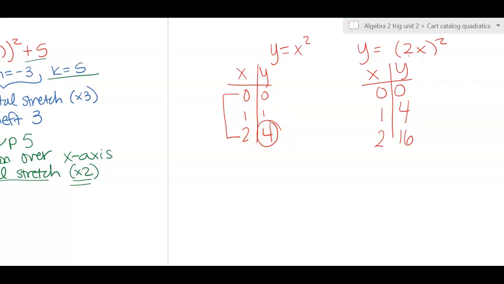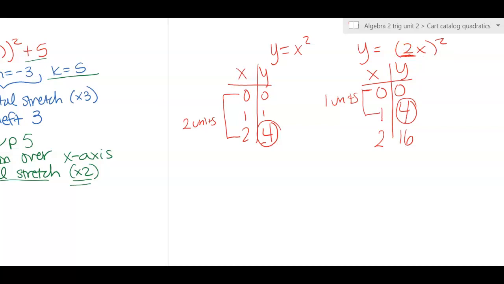Is that okay? So it took 2 units horizontally to reach a y value of 4. This one also started at 0, 0, but how many units does it take to reach a y value of 4 here? Only 1 unit, right?